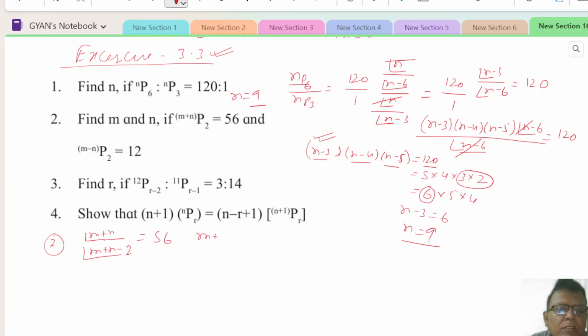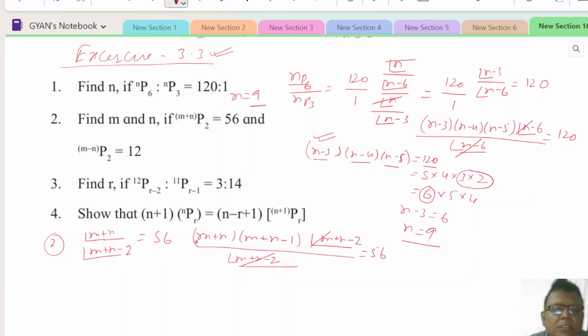You can write factorial m plus n into factorial m plus n minus 1, and that will be factorial m plus n minus 2 divided by factorial m plus n minus 2. So this factorial will get cancelled and that is equal to 56. So these are also consecutive numbers. So you factorize into consecutive numbers. So that will be 8 multiplied by 7. That means m plus n is equal to 8. So this is the first equation.